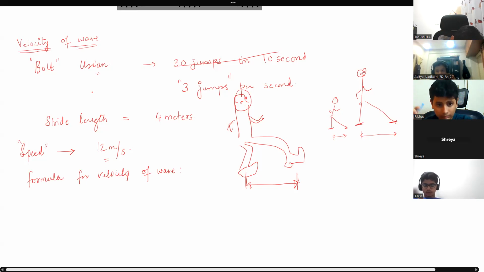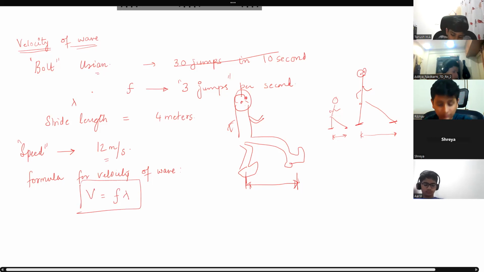See, what is the stride length compared to? This stride length is like lambda, isn't it? Distance. And what is 3 jumps per second equivalent to? Frequency, isn't it? And v is the velocity.